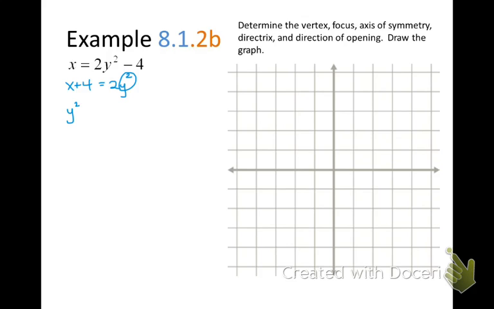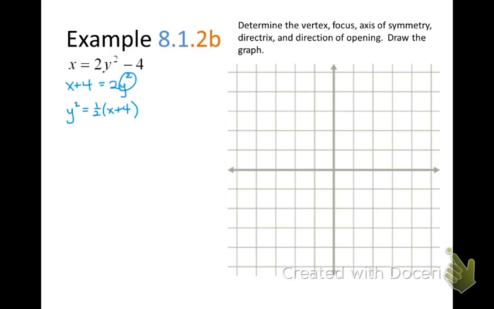So I'm going to say y squared equals 1/2. Leave it out as a coefficient, right? I need it in that form anyway. So 1/2 x plus 4. This now is in that form that I wanted, where I've got my squared term by itself, I've got the other variable on the other side with its shift, and then the coefficient in front.